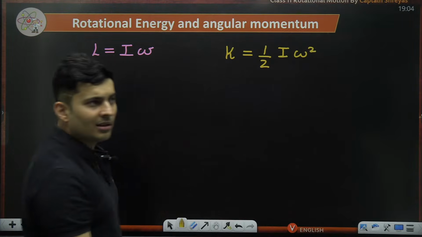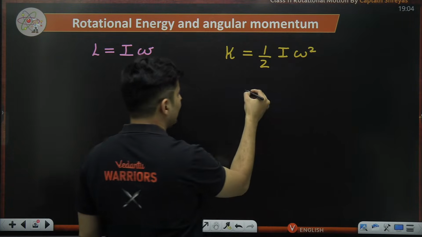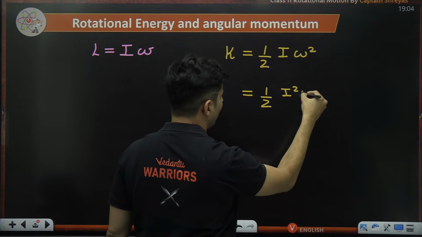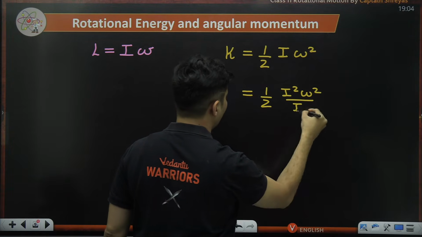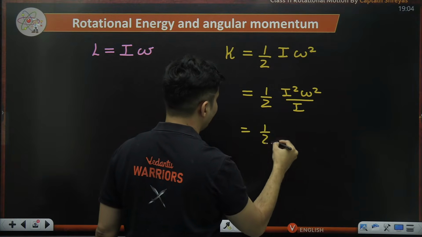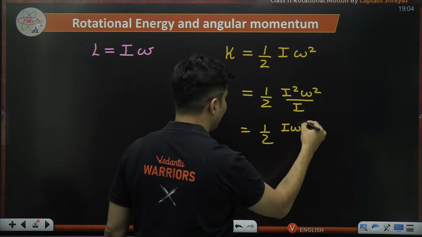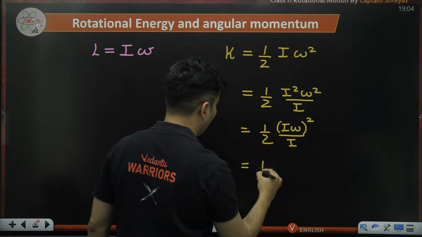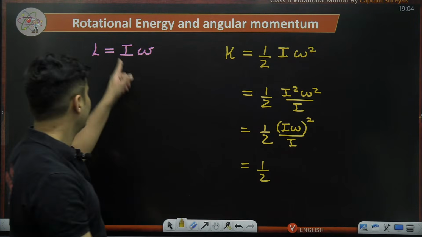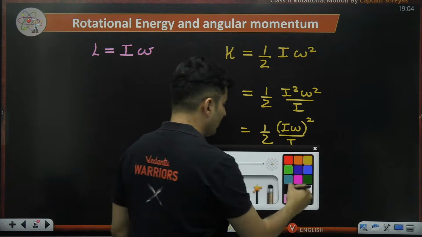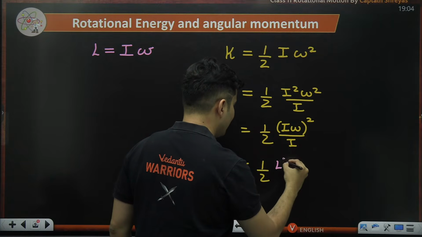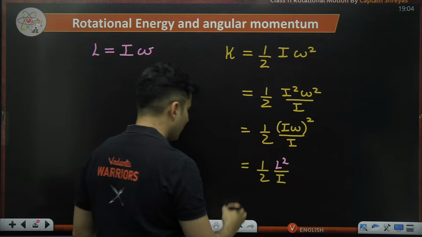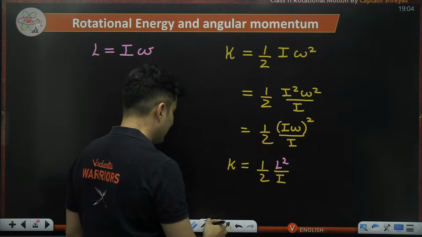Just multiply and divide by I, and you will get half I square omega square divided by I. So it will become half, you will have I omega common, whole square, whole thing divided by I. So what is this I omega? That is angular momentum. So it will be nothing but half L square divided by the moment of inertia. That will become your rotational kinetic energy.